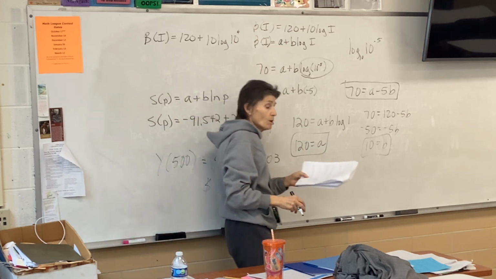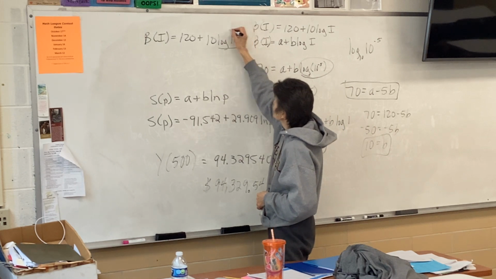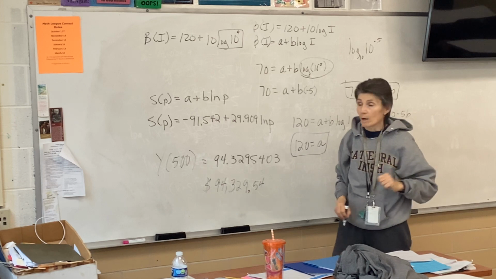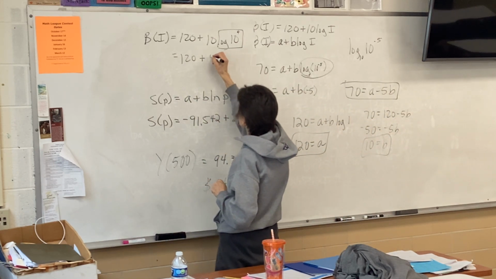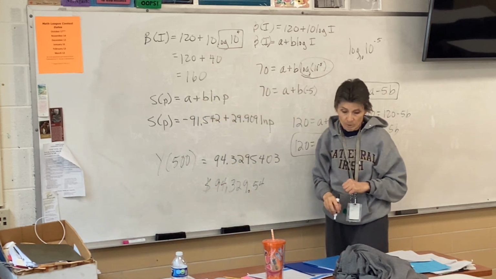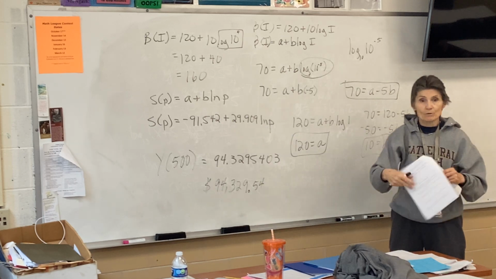Now, boys and girls, what's the log of 10 to the 4th? The log of 10 to the 4th is 4. So this says 120 plus 40, so 160 decibels will burst the human eardrum.